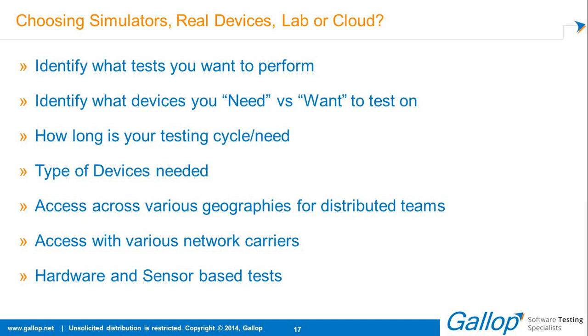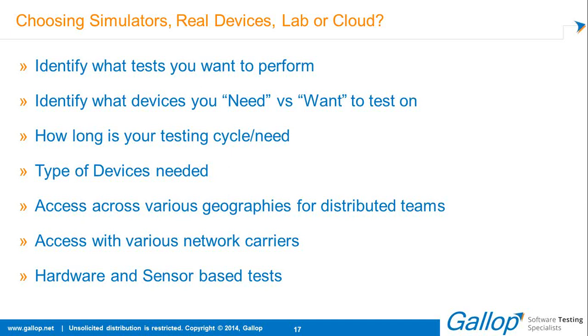And you also would like to consider, when you are thinking about procuring the real devices and testing on them, how long is my testing cycle. Is it once in every 3 months, or is it something where I release my build every week or twice a week?